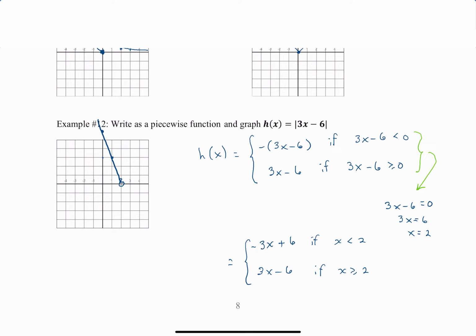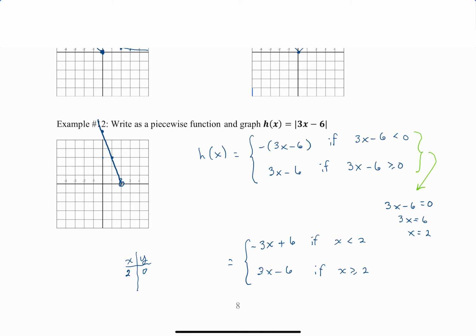Then for x greater than or equal to 2, we're going to graph 3x minus 6. And I think I'm going to just do a little xy table for that. I think that would be the easiest way to do this. This piece uses x equals 2. So I'm going to have 2, 0.